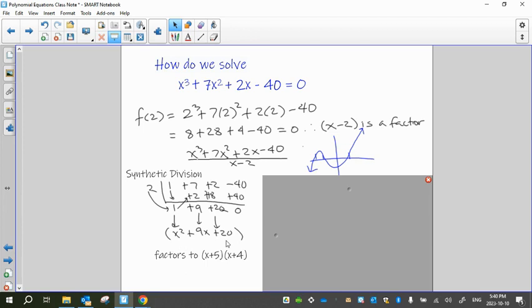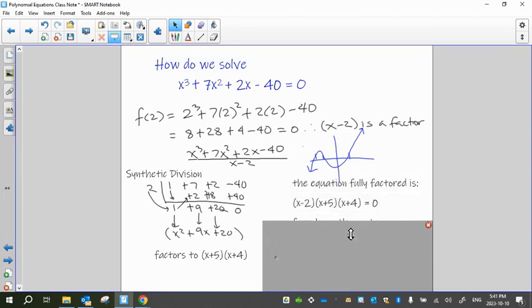This is a quadratic, and hopefully you can see quickly that it factors to x plus 5 and x plus 4. In other words, we were looking for factors of 20 that add up to 9. So 5 times 4 is 20, and 5 plus 4 is 9. So the full factorization of our equation now looks like this.